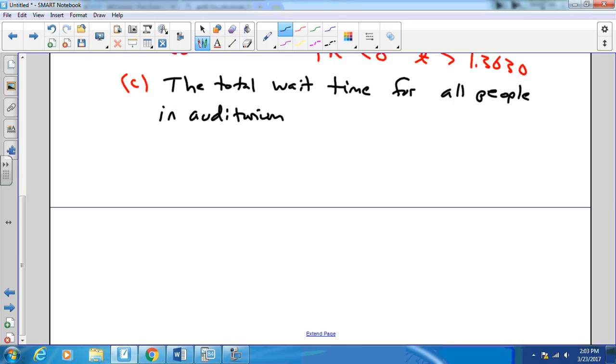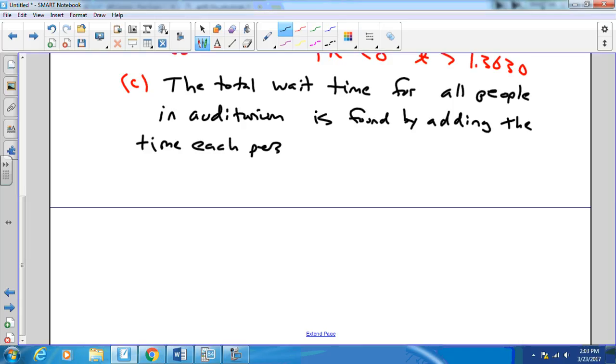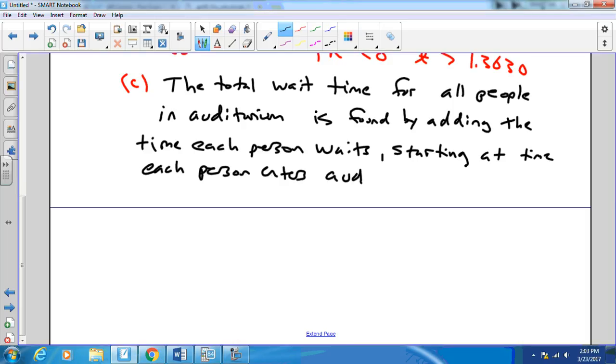All people in the auditorium is found by adding the time each person waits, starting at the time the person enters the auditorium and ending when the concert begins.